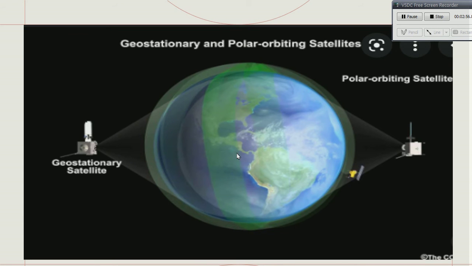Each and every time your latitude, longitude, position, because you have a GPS system. Through that GPS system and satellite communication, your geostationary satellite is catching data from you and your polar satellite is also catching data from you. From that latitude and longitude data they can access your location. This much easy it is.